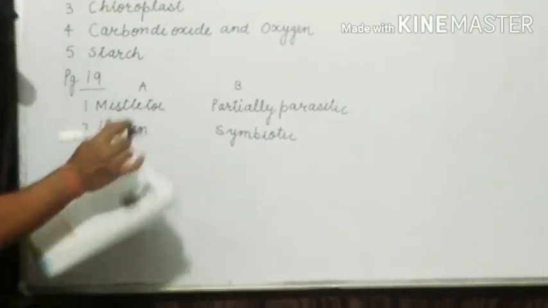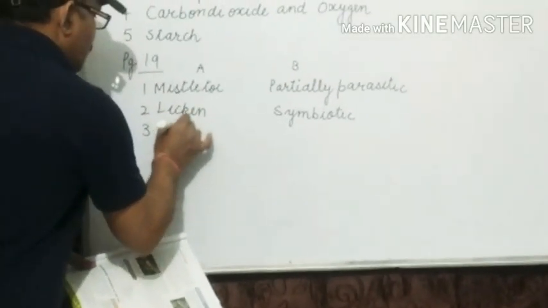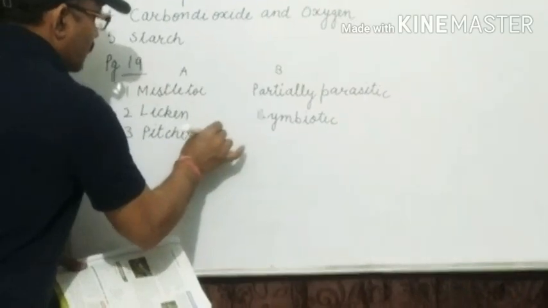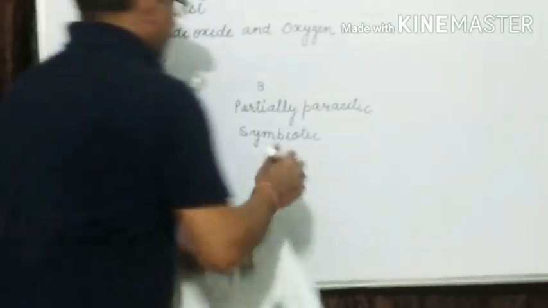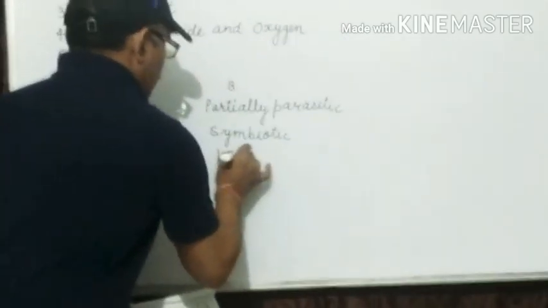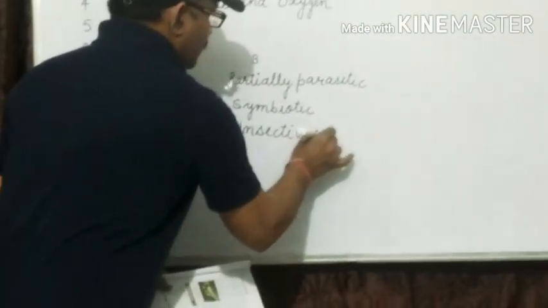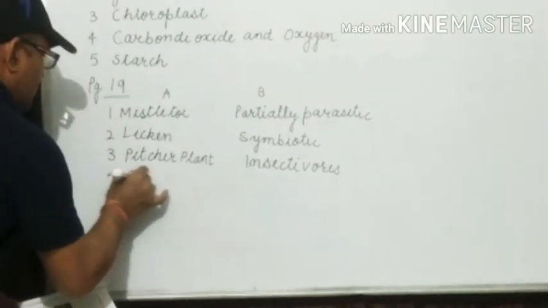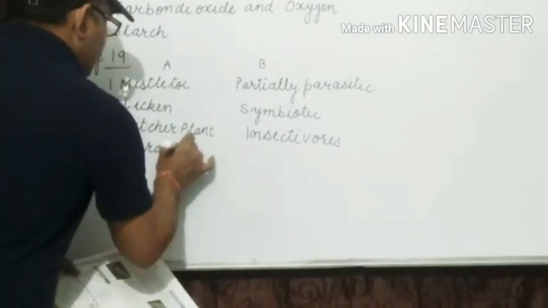Third, pitcher plant. Answer is insectivorous. Fourth, coral root.